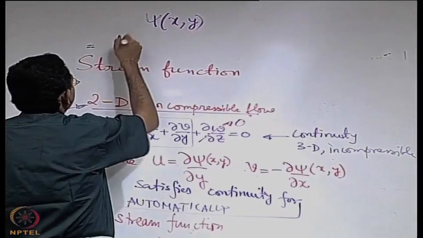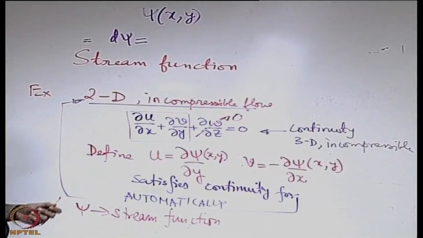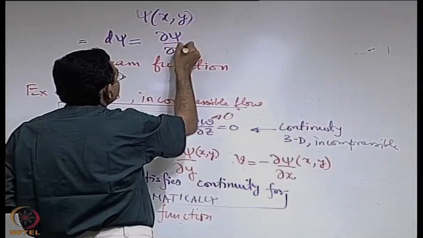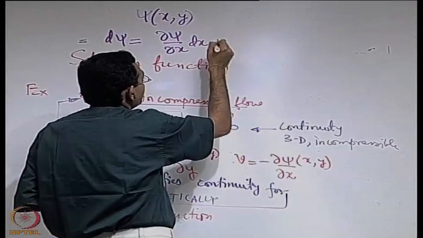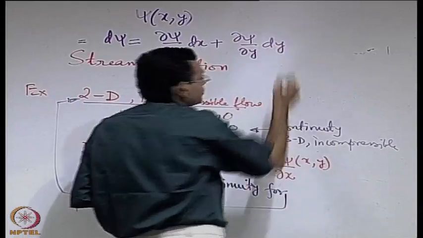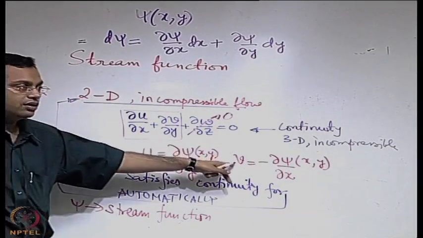So when we want to write d psi, how can we write d psi? Psi is a function of x and y, so what should be d psi? Plus, right. Now let us substitute the u and v.